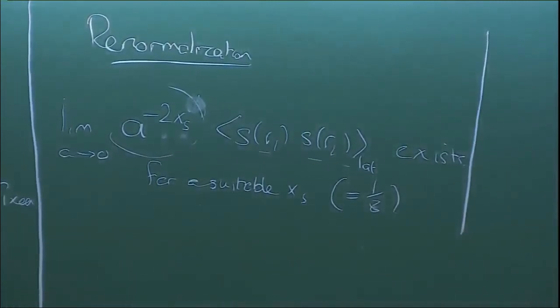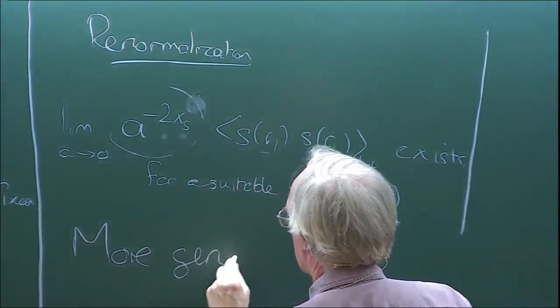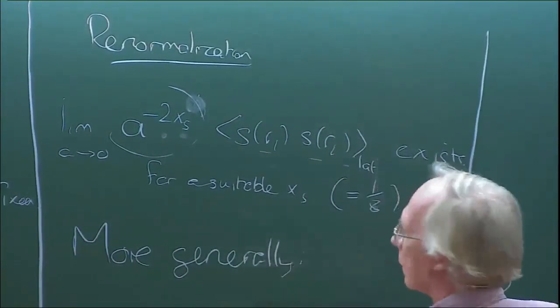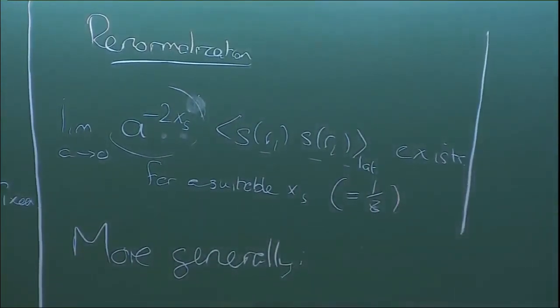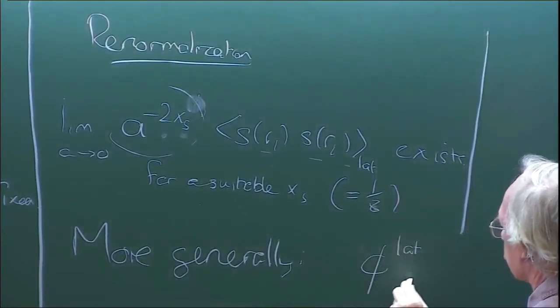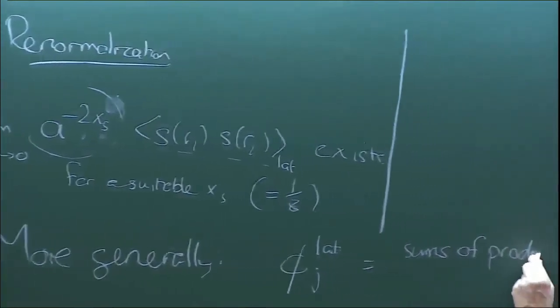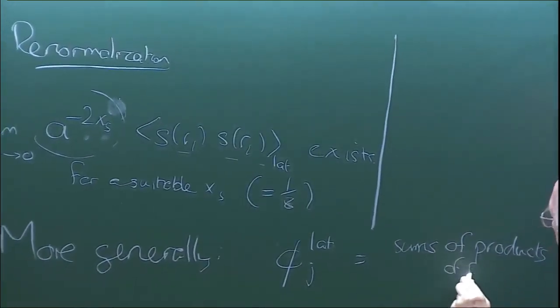So that's just one example of a correlation function, but more generally, we can define lattice observables that are called phi lattice j. j labels which observable we're talking about, which are sums of products of local spins s_a.